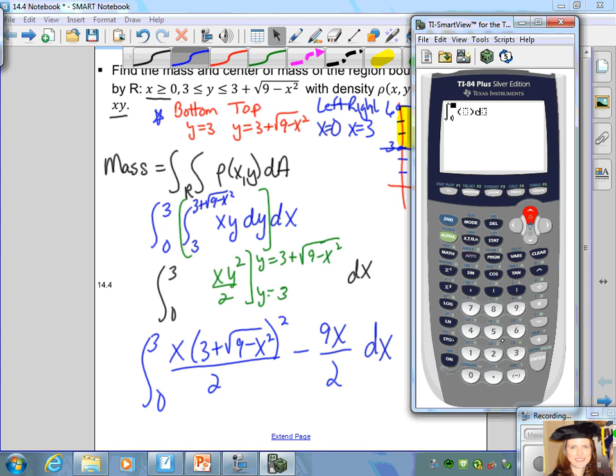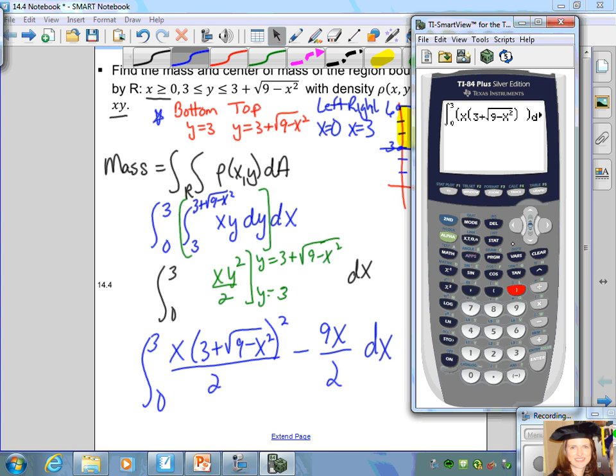Move the arrows to get to the upper bound of 3. I'm going to write this as x, using parentheses here, 3 plus the square root of 9 minus x squared. Use the arrow to get out of the parentheses.